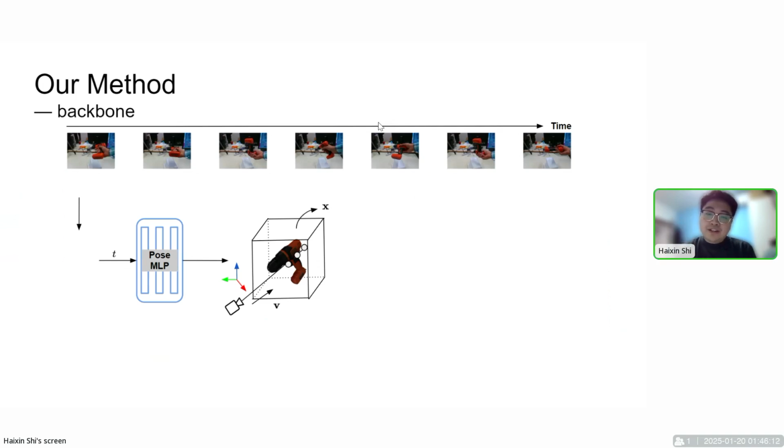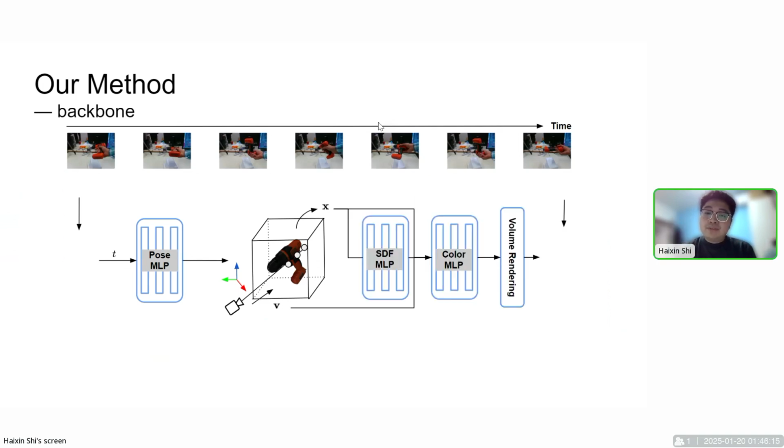We input these points into the SDF MLP, which outputs the SDF values and also geometric features. Together with the XYZ coordinates and the view direction, we input them into a color MLP, so we can predict the colors for all the sample points.